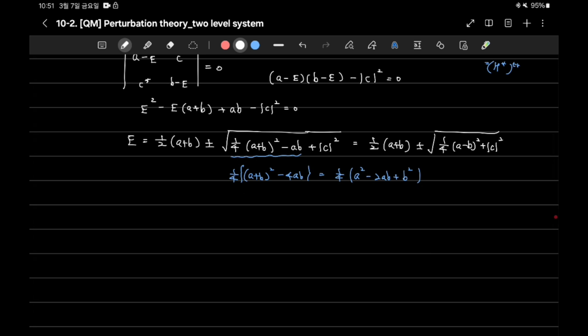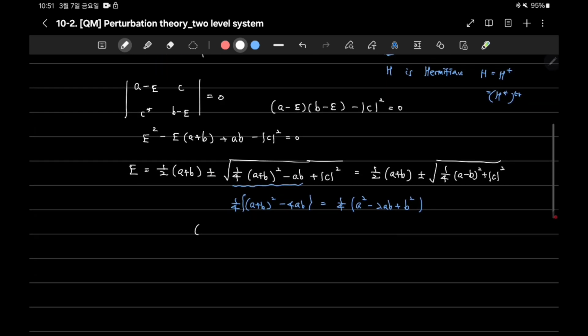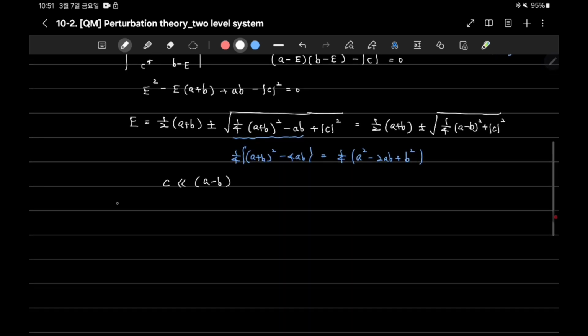Because the perturbation is very small, we should remark that here C is very small compared to A minus B. So this energy is 1 half A plus B plus or minus 1 half A minus B times 1 plus 4C square over A minus B square, to the 1 half.